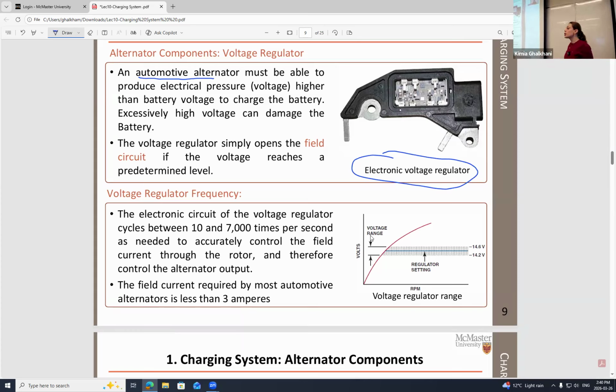In fact, the voltage regulator here is going to help control the output of the alternator and make sure it is in an acceptable range. The acceptable range here is a factor of the battery rating which we are using in the automotive application.